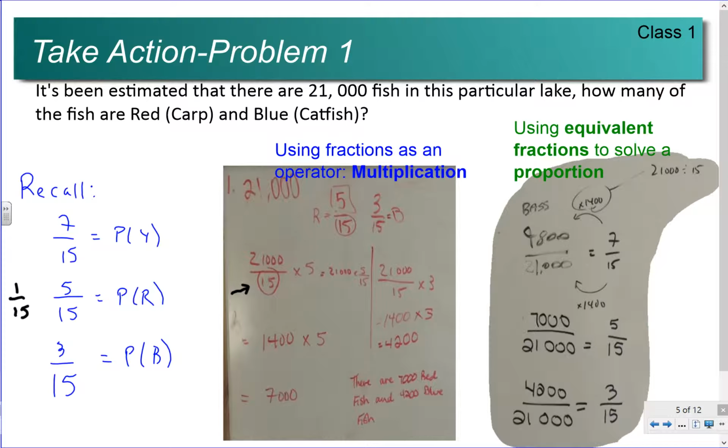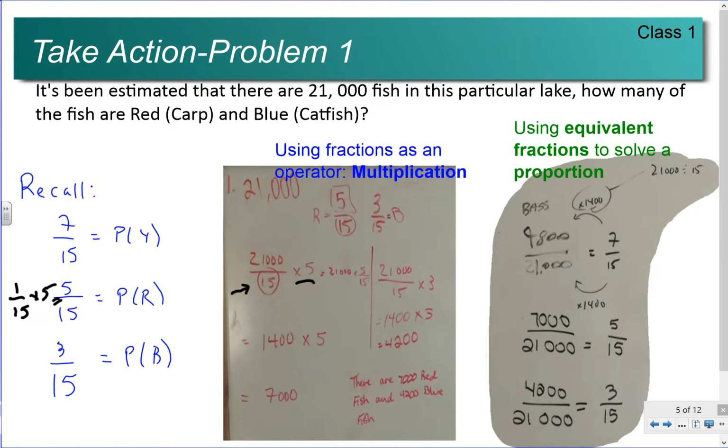Now, because they were looking for the probability of red, what they then did was they multiplied that result by 5. So they multiplied 1/15 by 5, which gave them the 5/15 ratio.